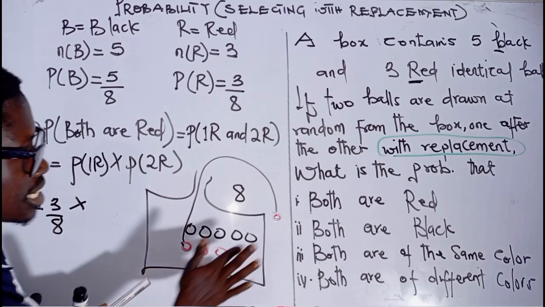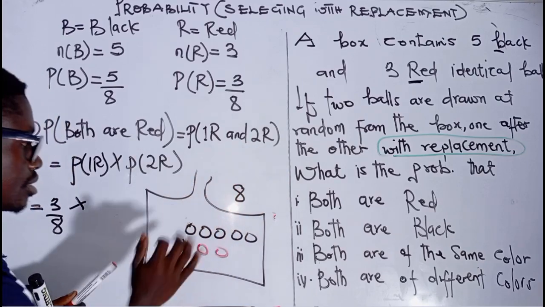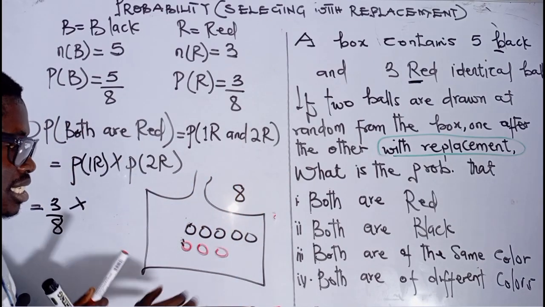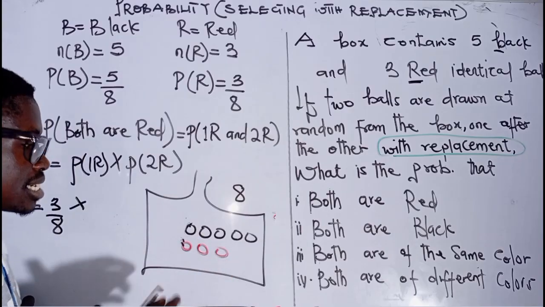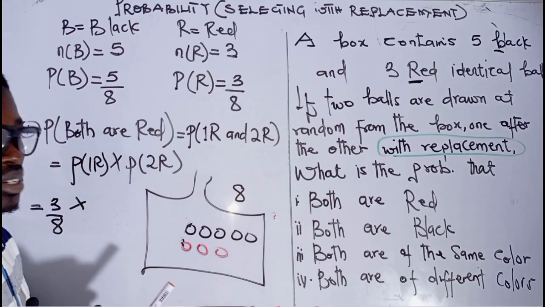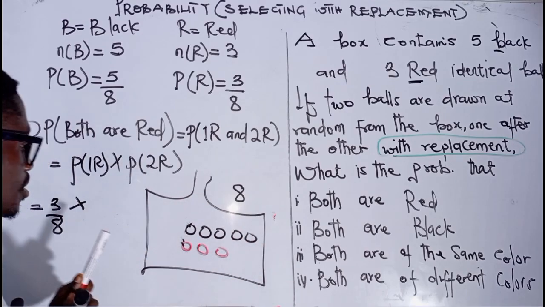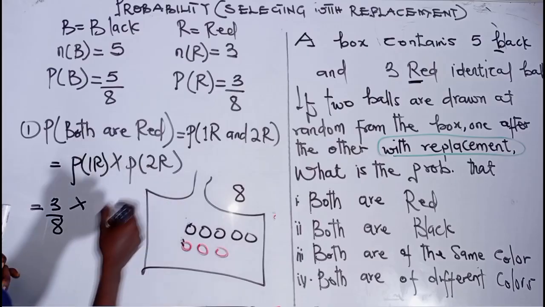Now, remember that this red ball was replaced back. So the number of red balls in the box is still the same, and the number of balls in the box is also still the same. So the probability of picking a red ball again is still 3/8.